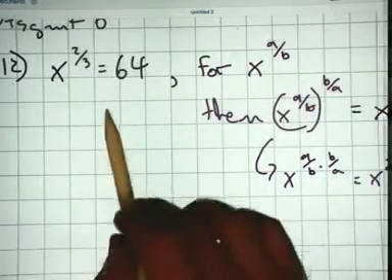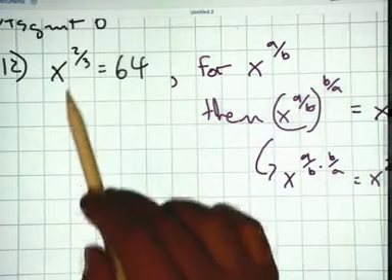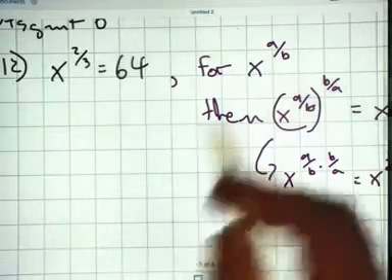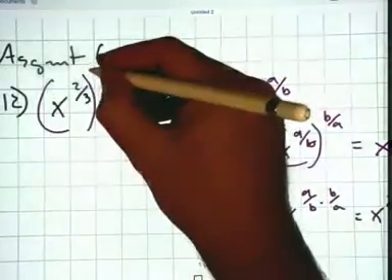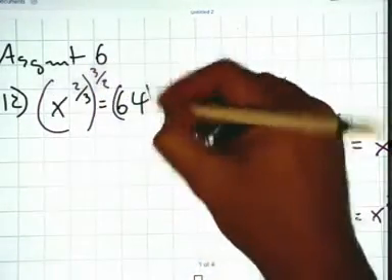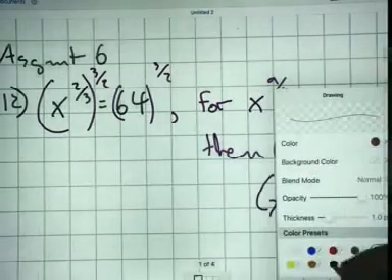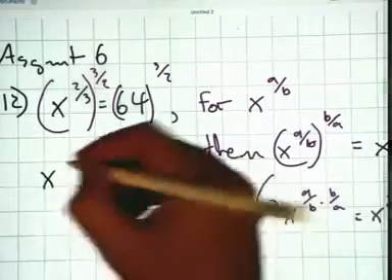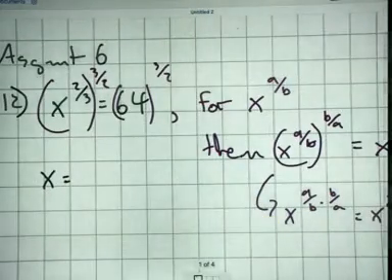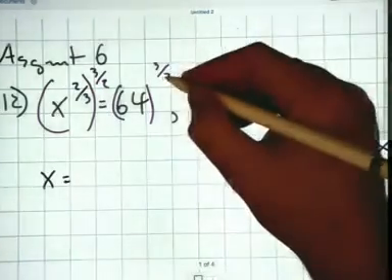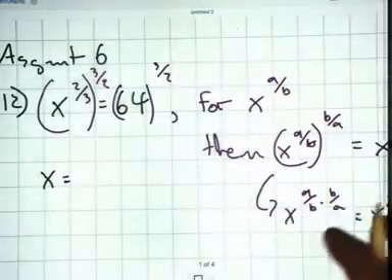So that's how we're going to get rid of the 2/3. So what I'm going to do is I'm going to raise both sides to the 3/2. So you get x is equal to, now here's another thought that we need to employ. How do we translate 64 to 3/2 into something that we can work with?